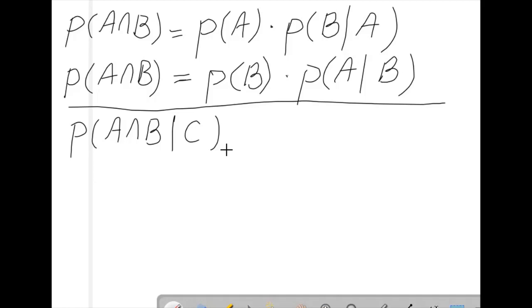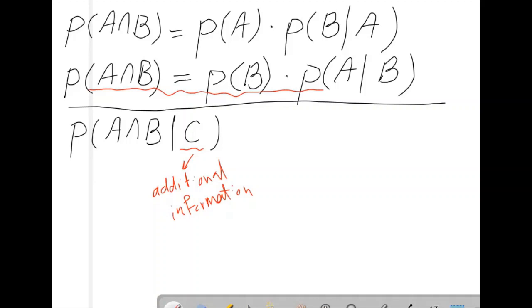So we already have an additional information. We should just follow the definition of multiplication rule by considering this additional information. So suppose B is the first one.